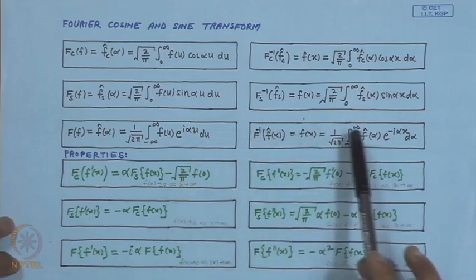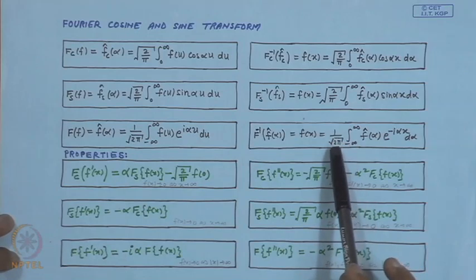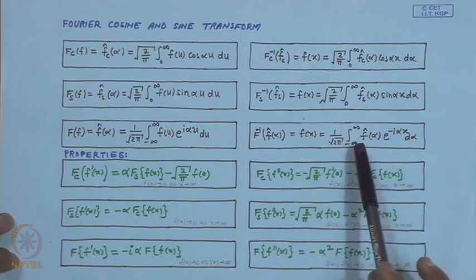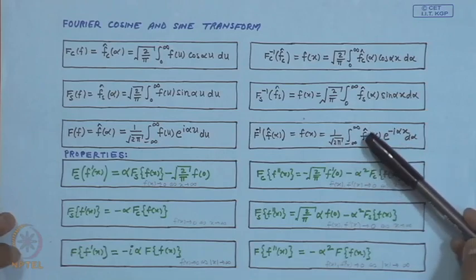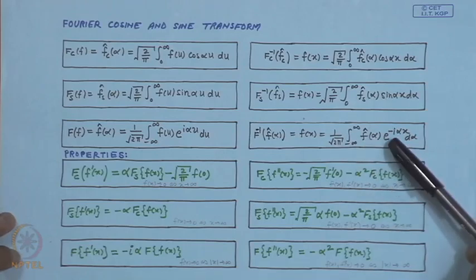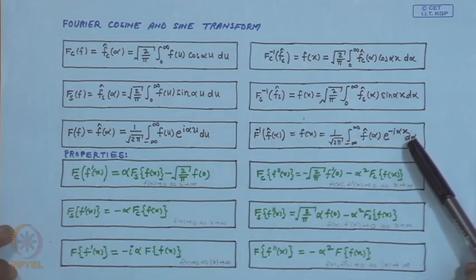For the inverse we have again the same constant, 1 over square root of 2 pi, and the integral from minus infinity to plus infinity of f hat(alpha) e to the power minus i alpha x d alpha.